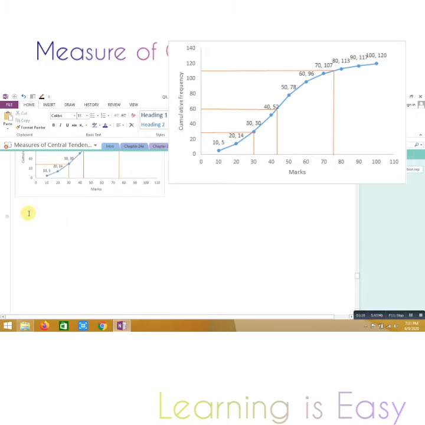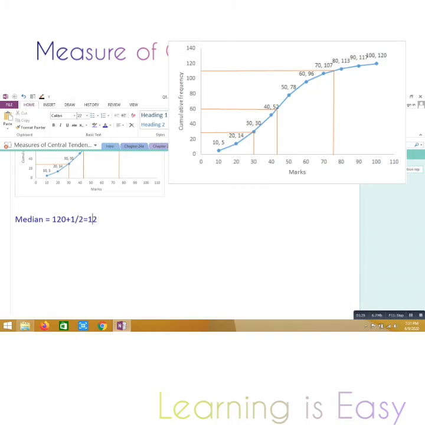So first we have to calculate the median. So median is equal to 120 plus 1 by 2. So that is 60.5.